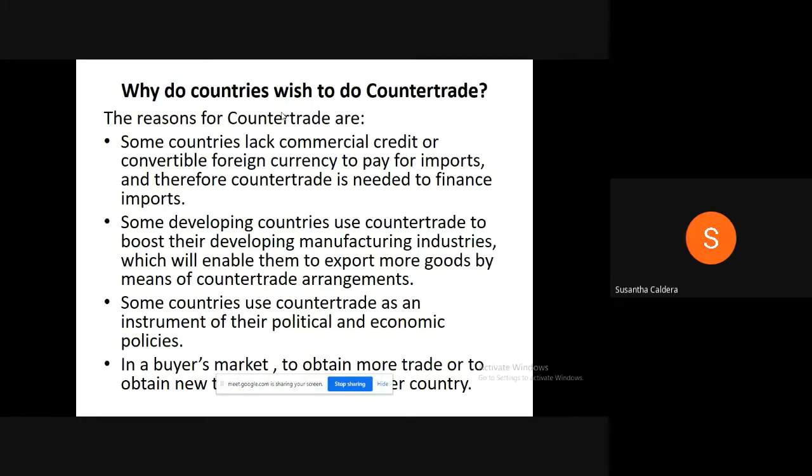That is why there are continuous civil wars between African countries. Uganda is fighting against Eritrea.